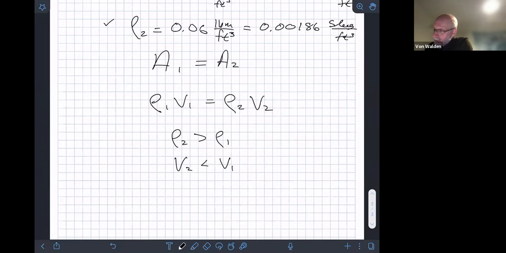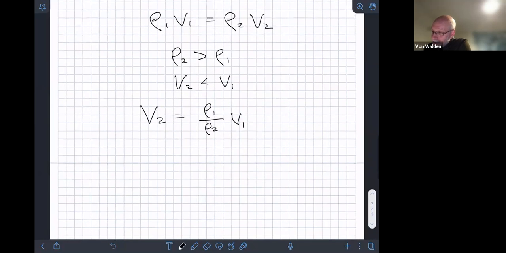So let's do that calculation. If we calculate V2 as being rho 1 over rho 2, we can see that the larger number is going to be in the denominator here. So it's looking good. And we're going to multiply that by V1.